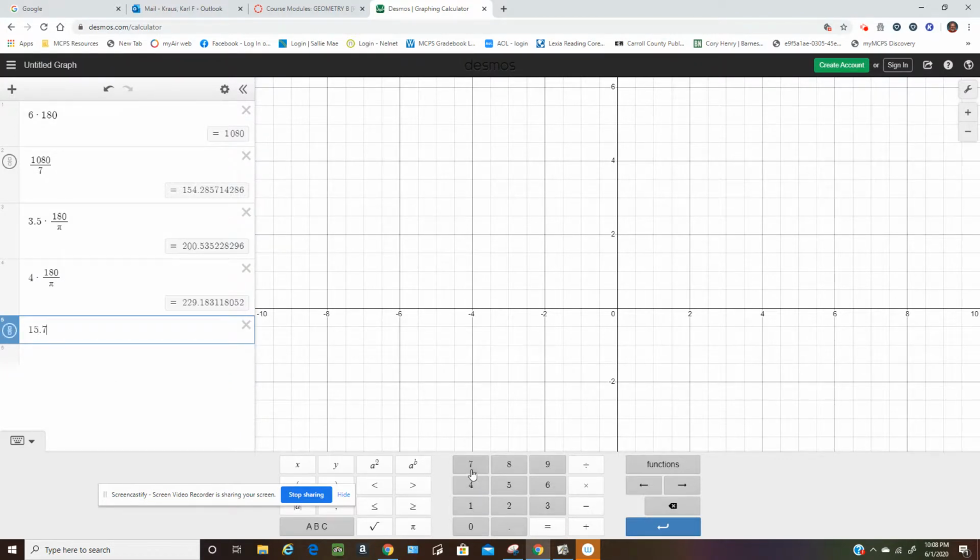15.7 times 5 pi over 9. So 27.40 inches.